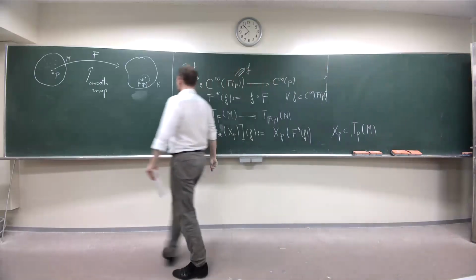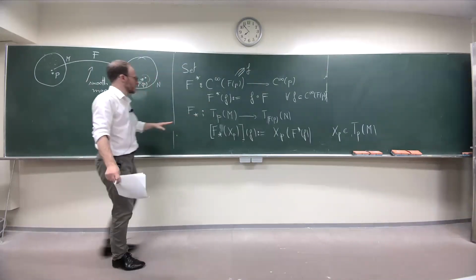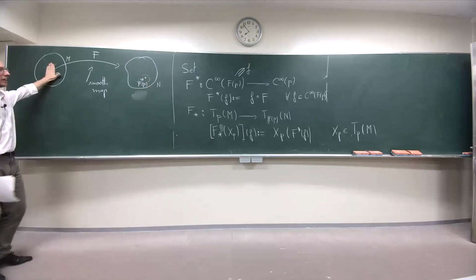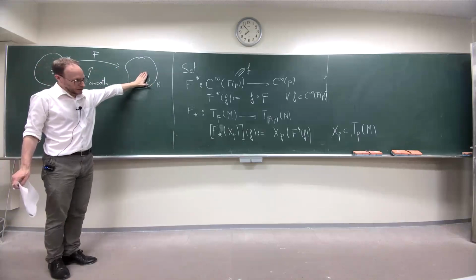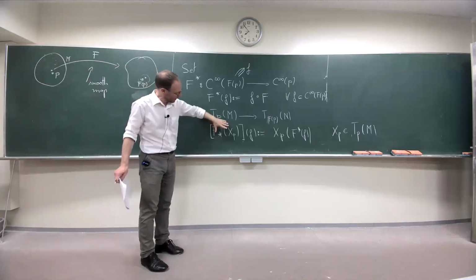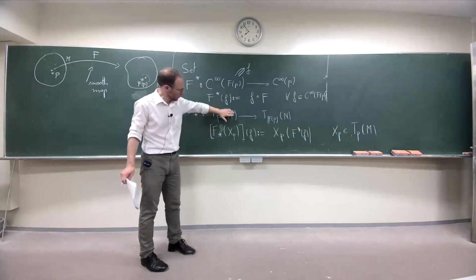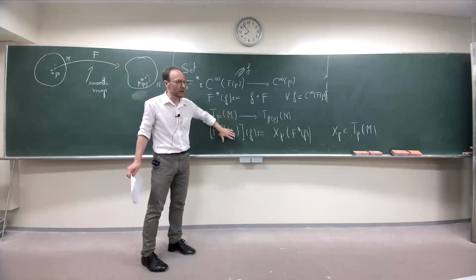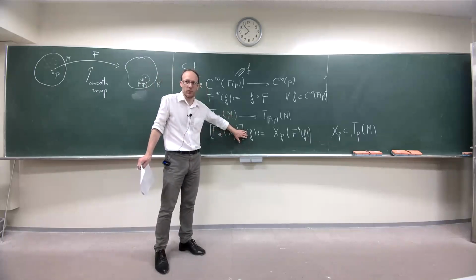So what is the second definition? Now, I want to take a tangent vector with the definition I gave here and send it to a tangent vector here. How do I do it? I define this map applied to a tangent vector. Now, a tangent vector is something which takes a function, so I need to evaluate it on a function.